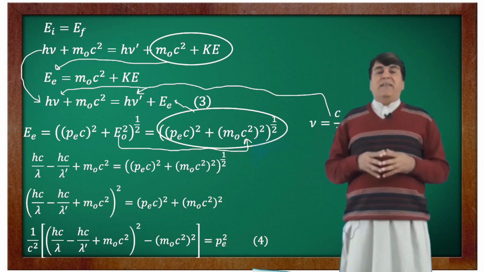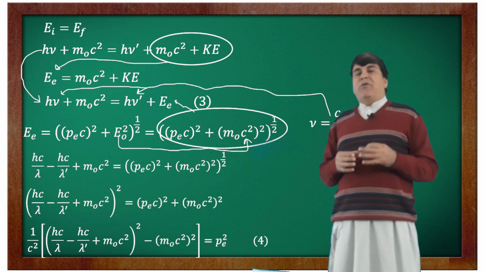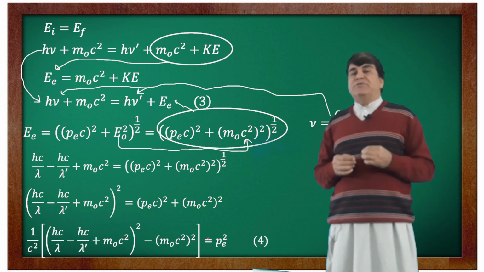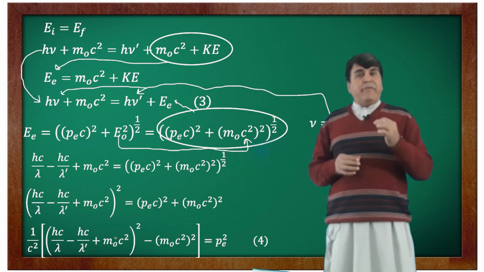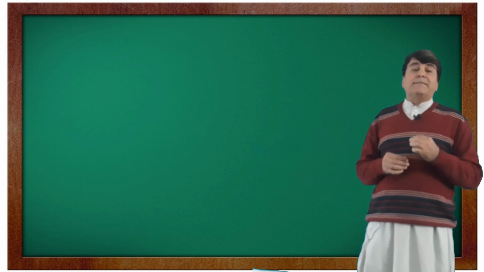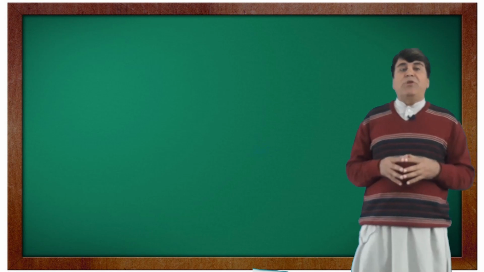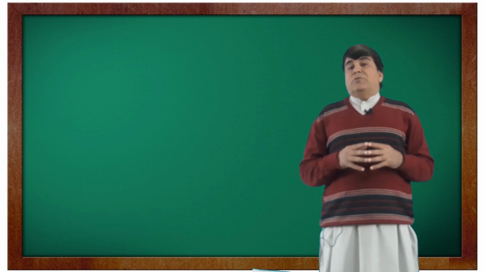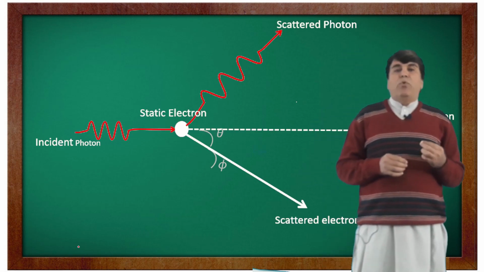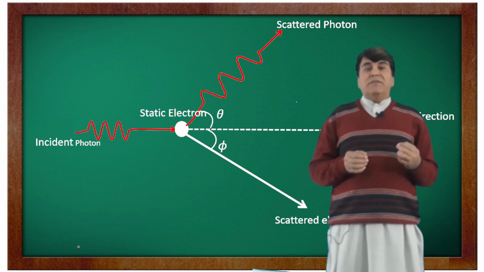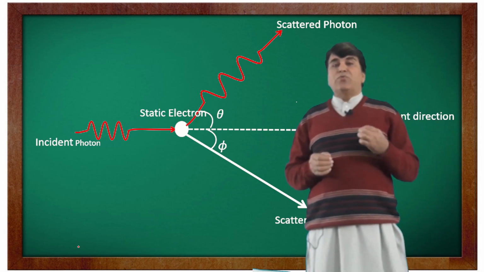So we can say that equation 4 links the energy of incident and scattered photon to the momentum of scattered electron. Another very useful relation between the momenta of the two particles can be established through the law of conservation of momentum. So let us apply the law of conservation of momentum. Since momentum is a vector quantity, we would treat it through vector algebra.